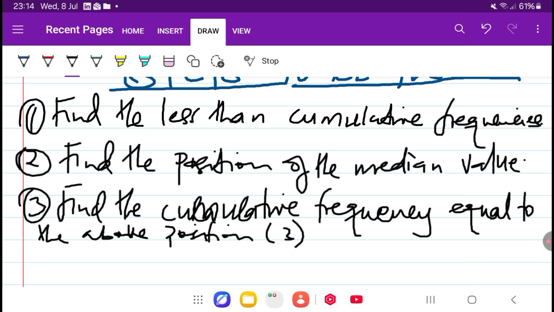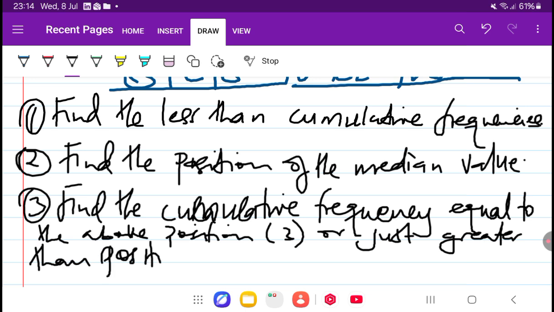Equal to the above position, or it could also be just the greater than position. It can be above or it can be below.